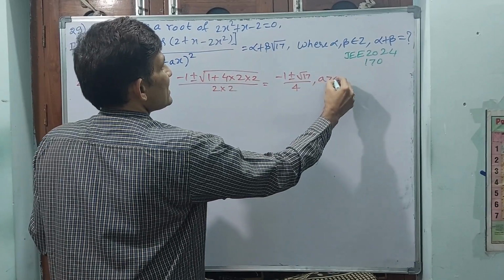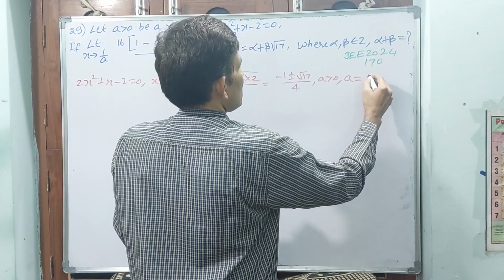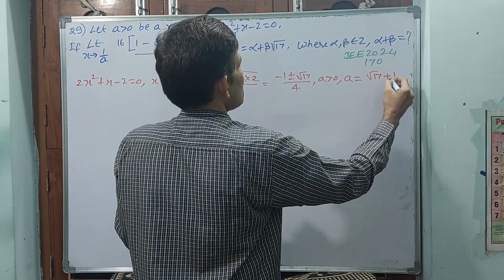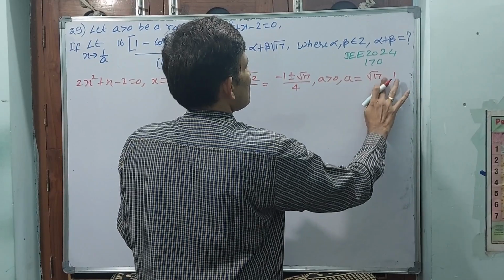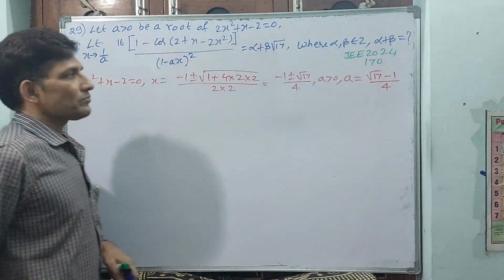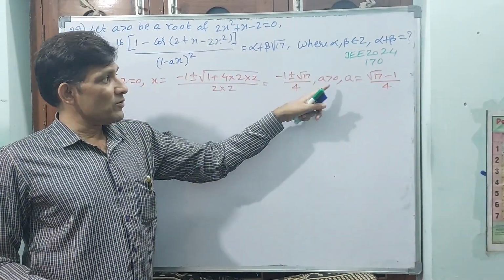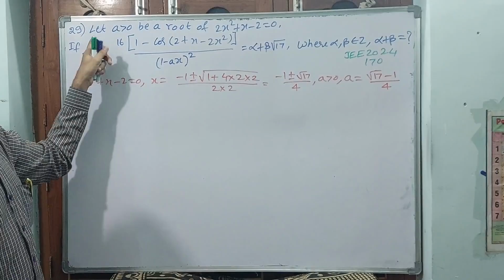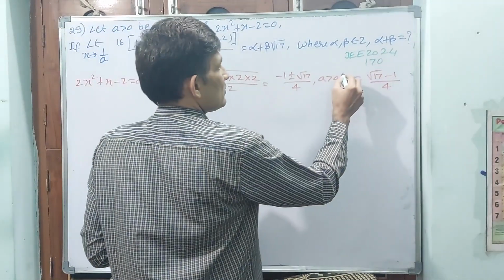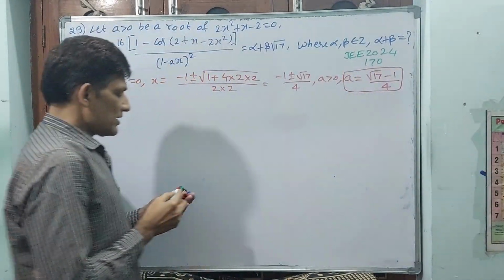But because a is greater than 0, we can take a as (root 17 − 1)/4. Why? Because −1 − root 17 would give a less than 0, but clearly they have told a is greater than 0. See, this is the value. Shall I find a square also, or let me find it afterwards? It is not a problem.